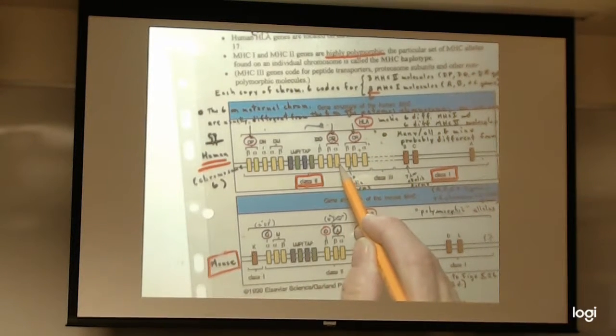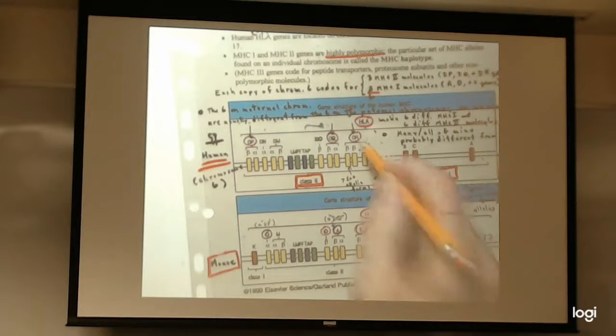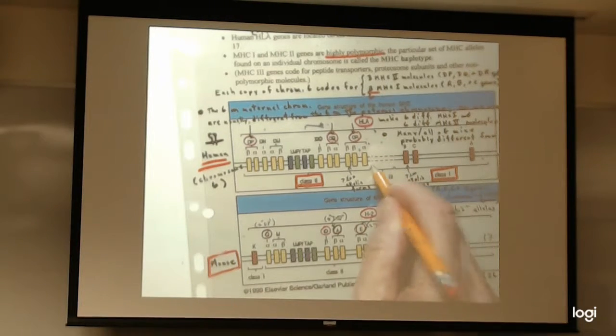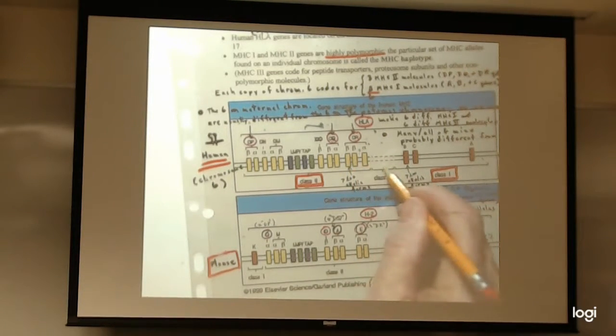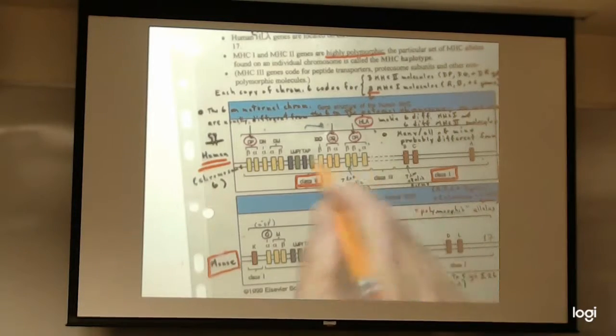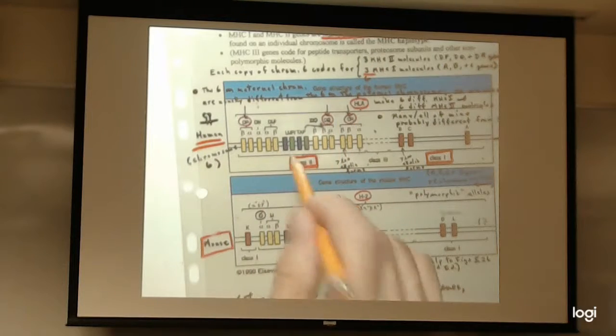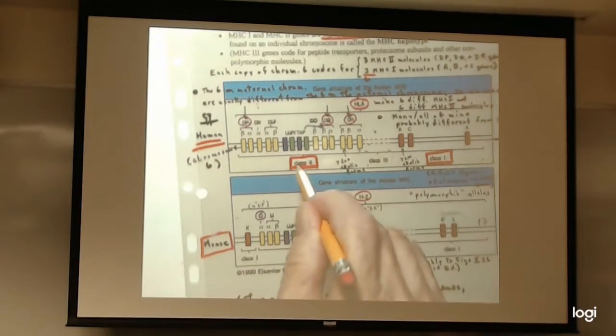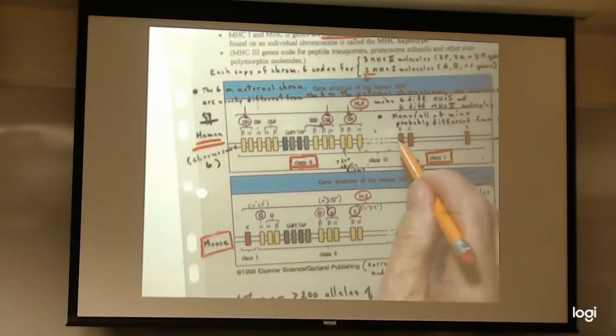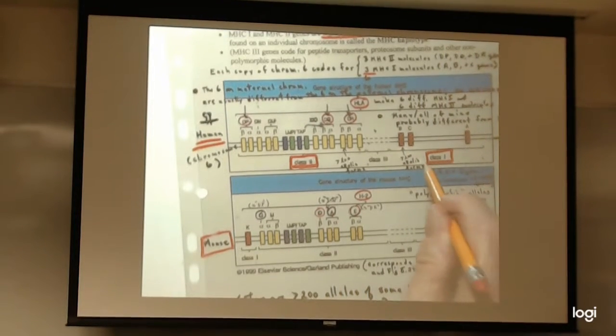And for DR, you have an alpha chain, and then you can choose between either of two beta genes. So this begins to muddy the water, but don't worry about this. The basic idea is that we have three genes that make class 2 molecules, and three genes that make class 1 molecules.